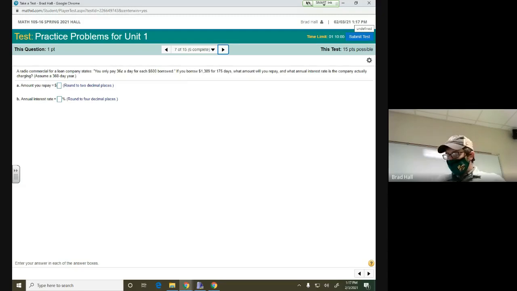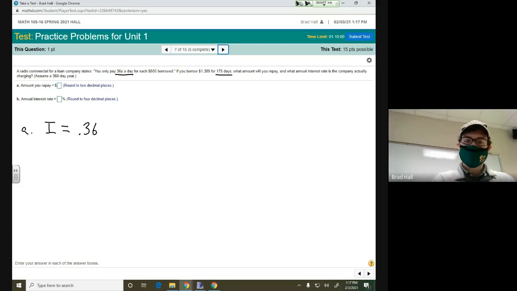However, just to keep in mind, you might recall when we talked about this problem, they're defining the interest their own way. So we'll start off with part A. The interest: start off 36 cents a day, so 0.36, and there's 175 days. So this is not following a PRT formula or anything.